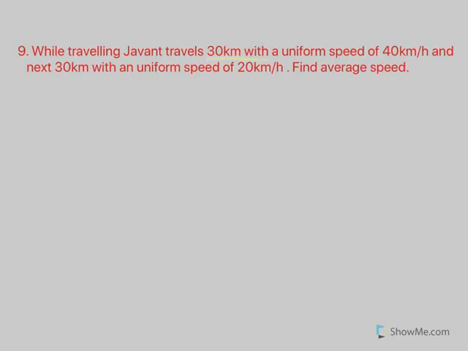While traveling, Javan travels 30 kilometers with a uniform speed of 40 kilometer per hour, and the next 30 kilometers with a uniform speed of 20 kilometers per hour. Find the average speed. So his journey is divided into two sections. In the first section, the distance is 30 kilometers and the speed is 40 kilometer per hour.